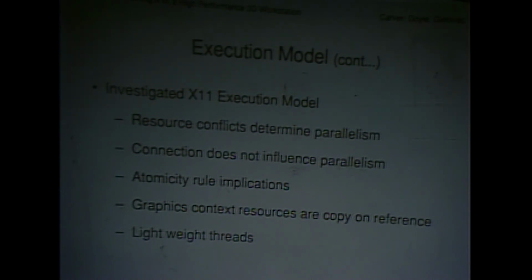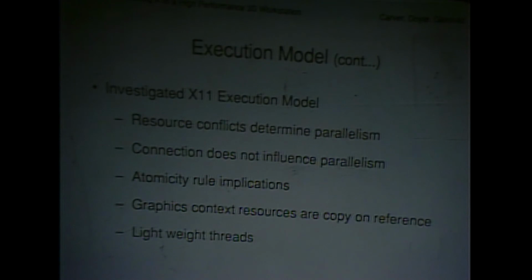The atomicity rule has a fairly important implication in that you might say, well, if two requests are coming in on separate connections and they collide on a resource, who cares how badly they misbehave? The atomicity rule says that you cannot let them collide in such a way that they look like they collided in parallel.